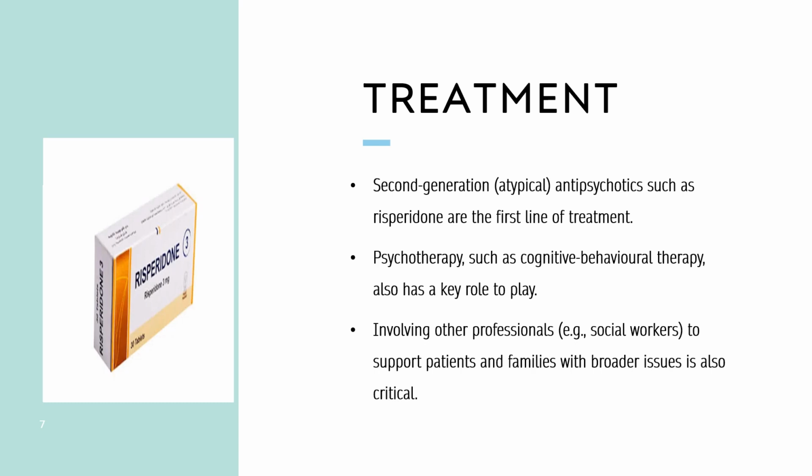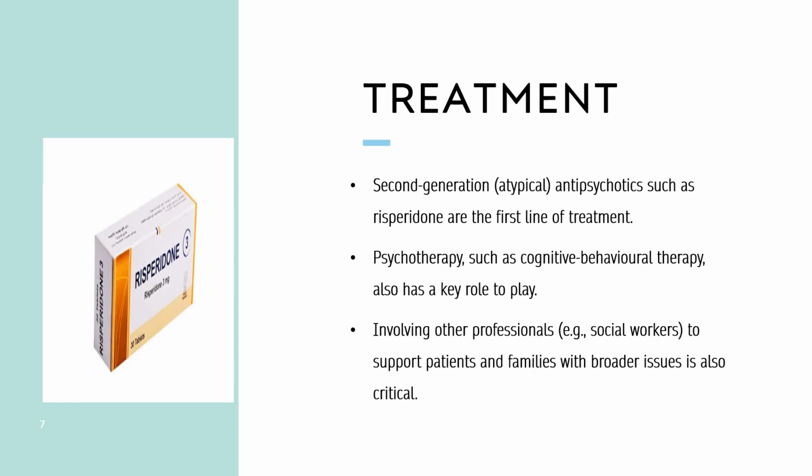So antipsychotics have a role to play. Medication has a role to play. But in addition to medication, it's also important to note that psychotherapy is very important. Things like cognitive behavioral therapy, working with patients, giving therapeutic advice to patients is very important as well. It's not just giving them drugs and medication.